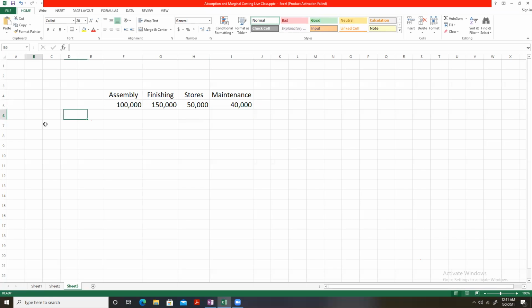So, reapportionment of maintenance overheads. Just subtract this 40,000 from here and add the proportion of overheads that needs to be apportioned to the other three departments.